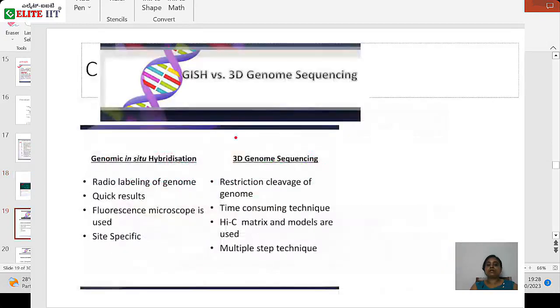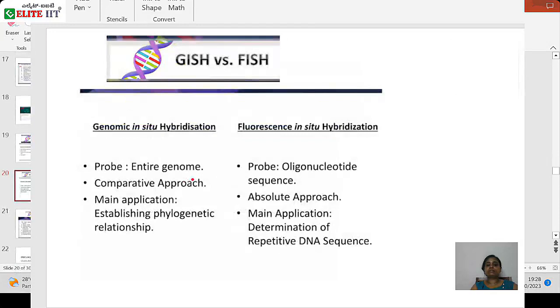Okay. Now let's discuss the difference between GISH and FISH. In genomic in situ hybridization, the probe is the entire genome, whereas if you consider FISH, the probe is an oligonucleotide sequence.